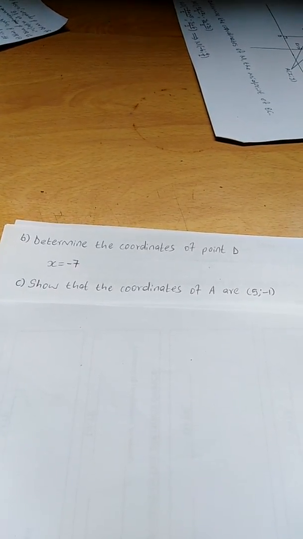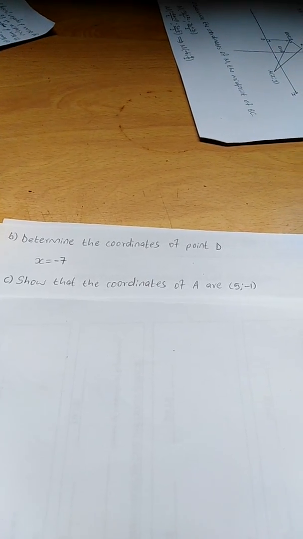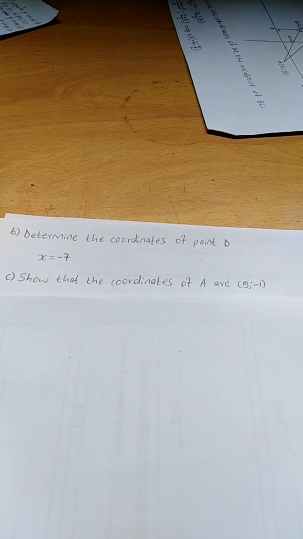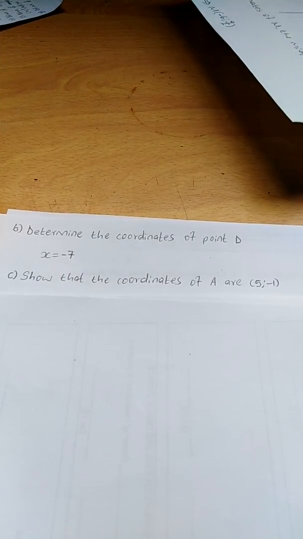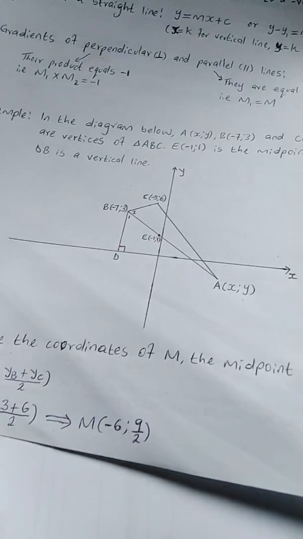For C, show that coordinates of A are 5 versus -1. I want you to pause this video and actually think about this and try to do it before you look at the solution. Here is A, guys.